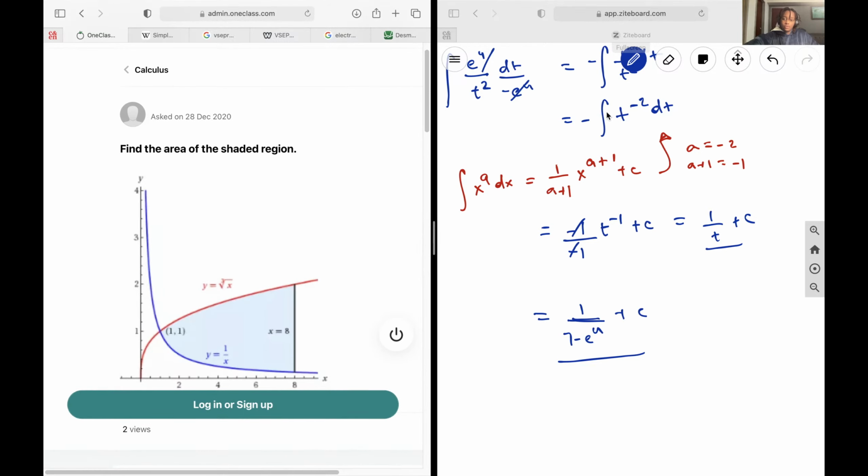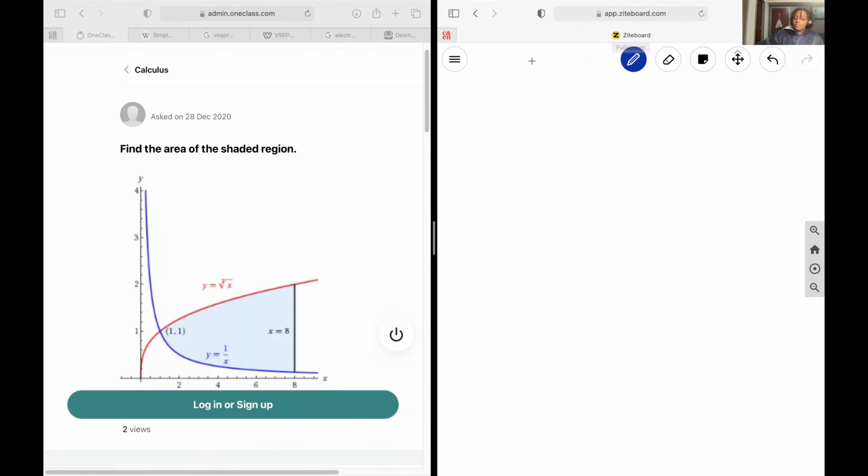Next up, I want to find the area of the shaded region. I can do this using two methods. I can decide to use calc 1, and that just tells me that the area in between them can be written as the integral from xi to xf of the top function minus the lower function dx.